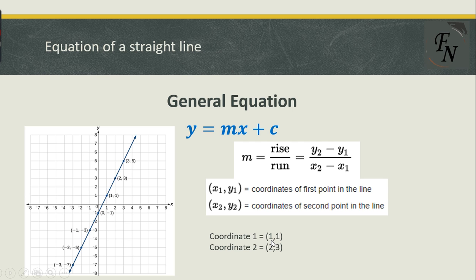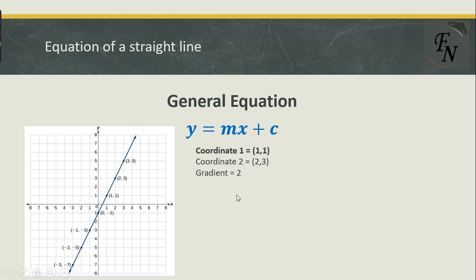So I can call these x1 and y1, as this is coordinate 1, and the values of coordinate 2 are x2 and y2. We plug the values into the formula y2 minus y1 over x2 minus x1, which gives 3 minus 1 over 2 minus 1, to get our answer of 2, which is the gradient.